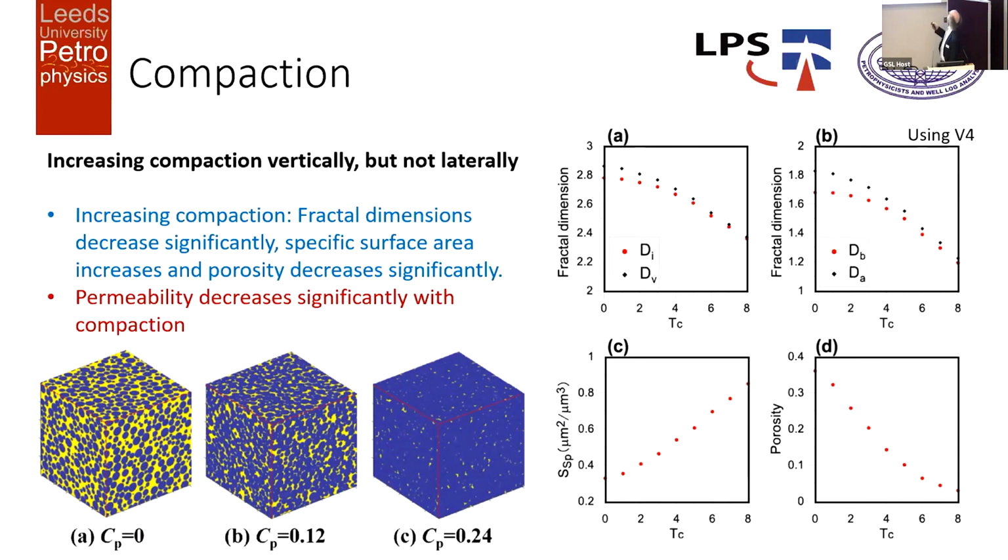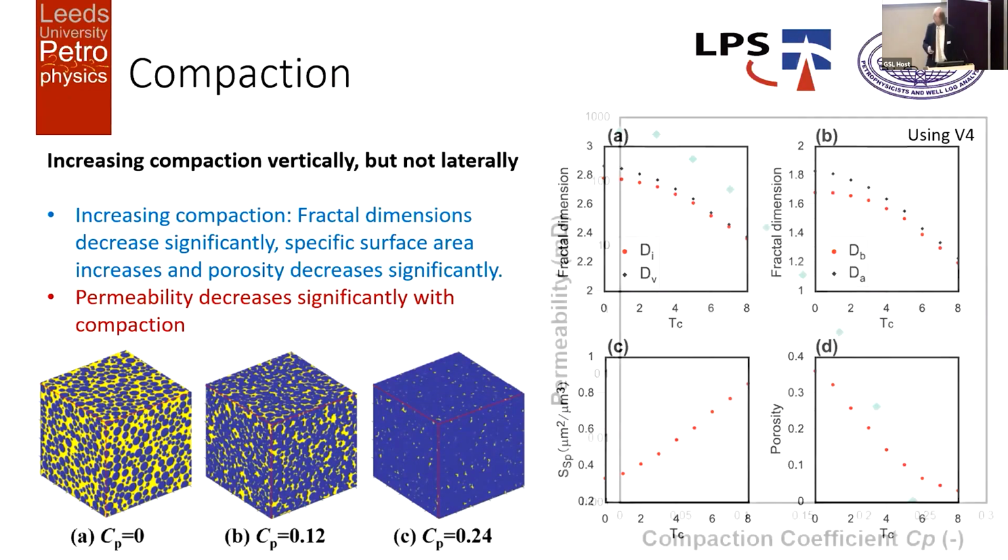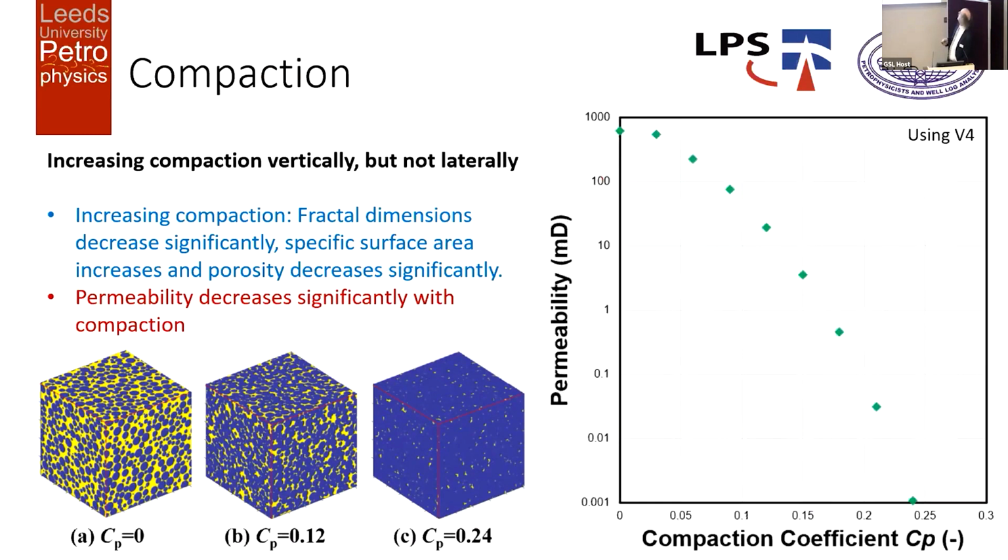You can see that now as the compaction increases, we have a decrease in all the fractal dimensions, a rather large increase in the specific surface area, a large decrease in porosity, but also a very large decrease in permeability.